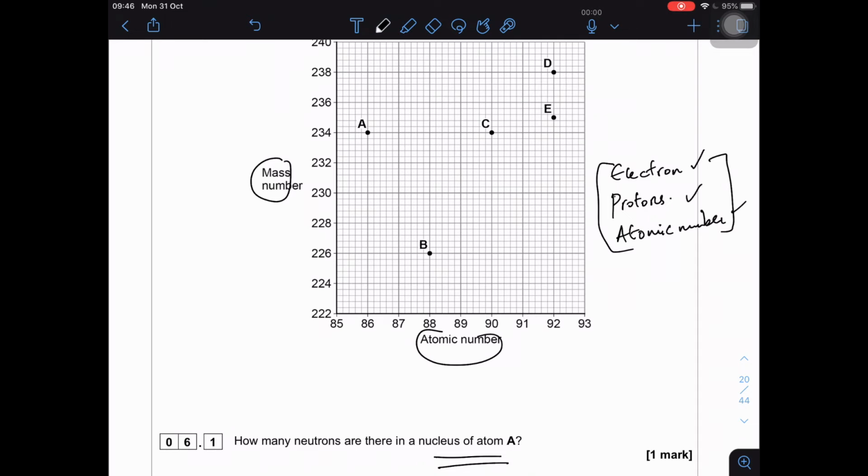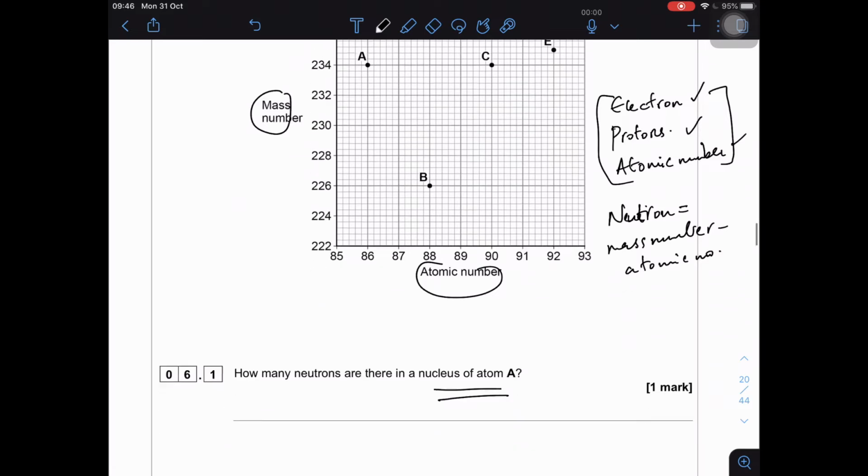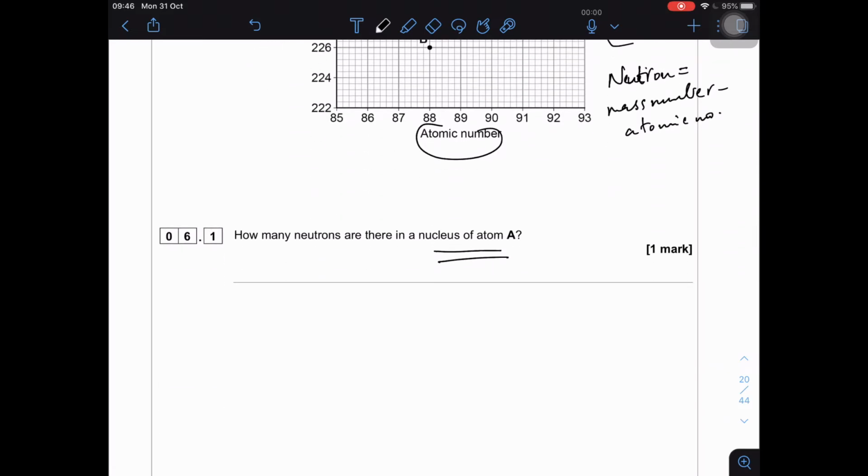Now neutrons, number of neutrons is mass number minus atomic number. That is the number of neutrons.